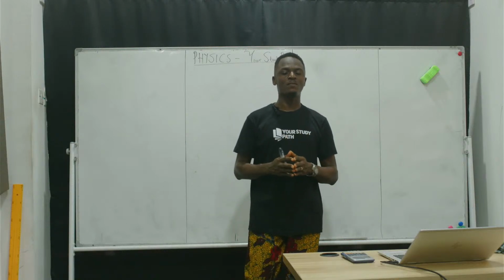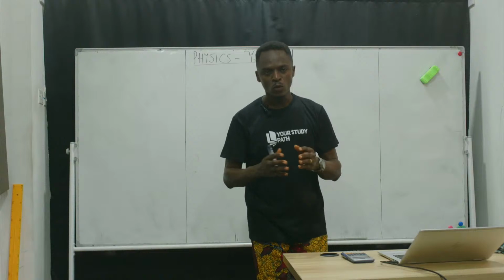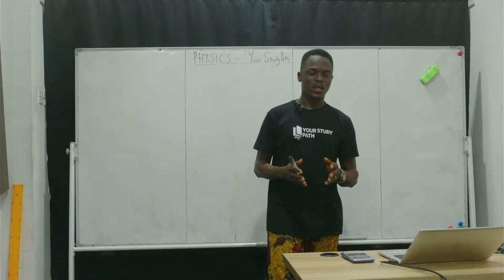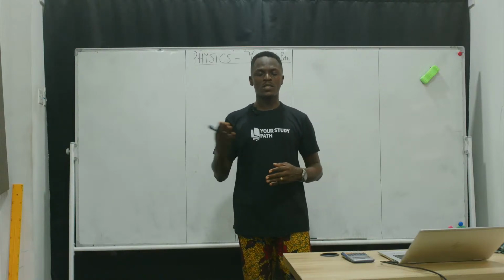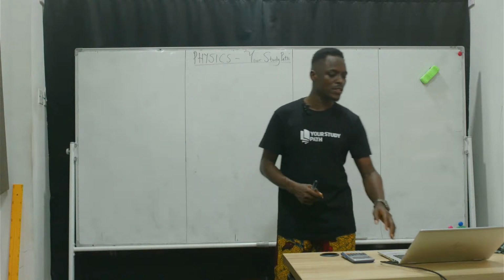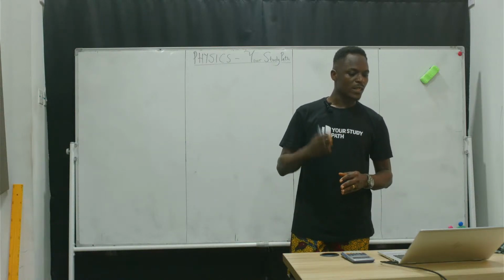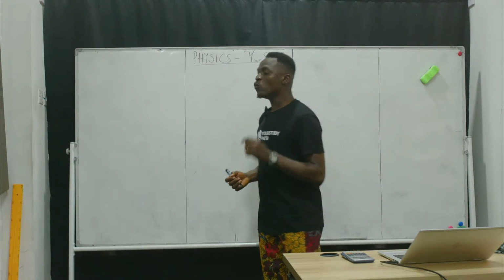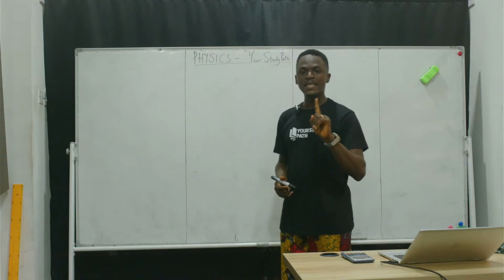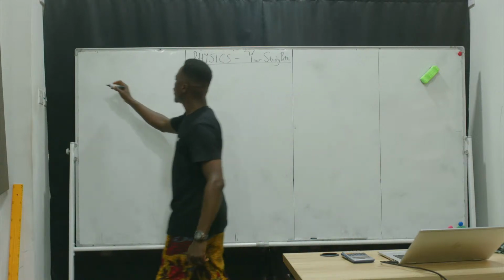Let's get started quickly. Question one today will be taken from your SS1 scheme of work, talking about scalars and vectors. The question is this: which of the following quantities is a scalar?